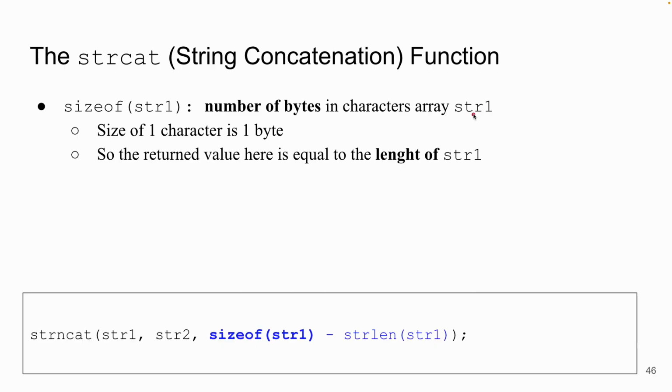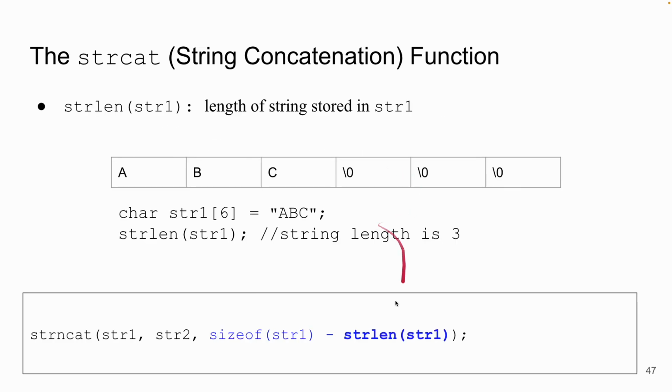And because in most cases one character occupies 1 byte, the number of bytes equals the number of characters we have in str1. So the return value of sizeof(str1) is equal to the length of this char array str1.